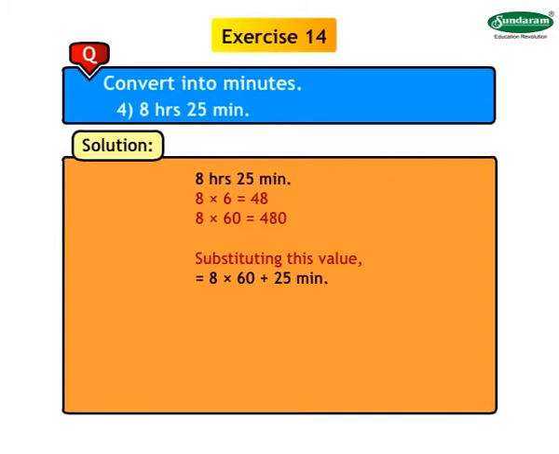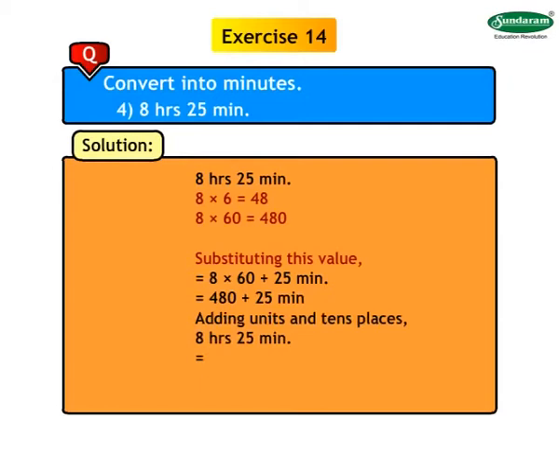Therefore, 8 hours 25 minutes is equal to 480 plus 25 minutes. Adding units and tens places, we get 8 hours 25 minutes is equal to 505 minutes. Thus, answer is 8 hours 25 minutes is equal to 505 minutes.